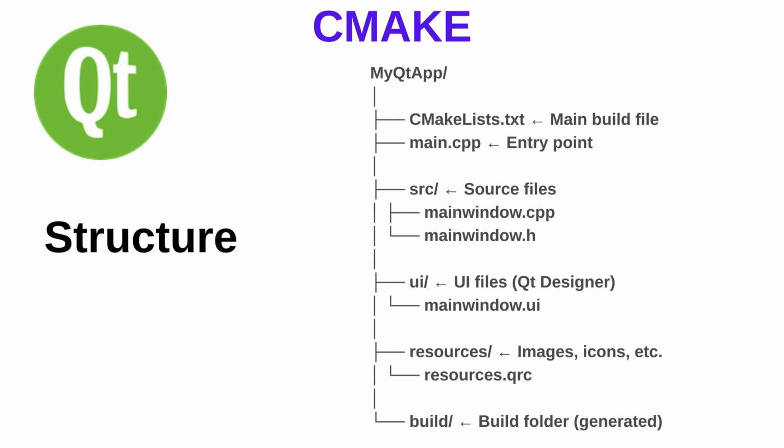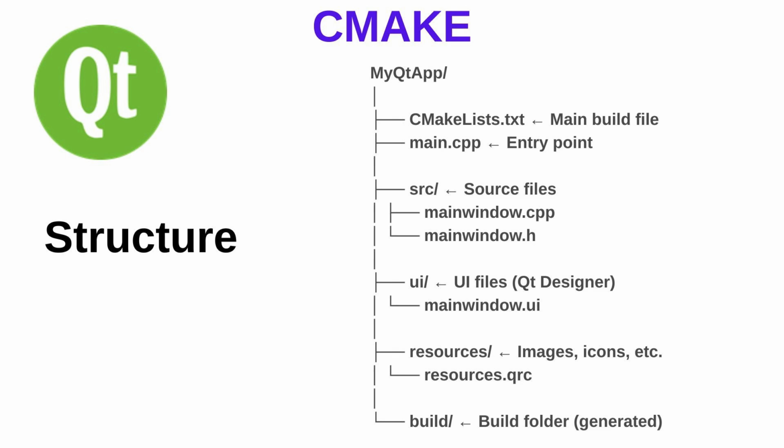In Qt projects, CMake also integrates seamlessly with Qt-specific tools like the meta-object compiler, MOC, user interface compiler, UIC, and resource compiler, RCC, automatically invoking them when needed so features like signals and slots, UI forms, and embedded resources work correctly.